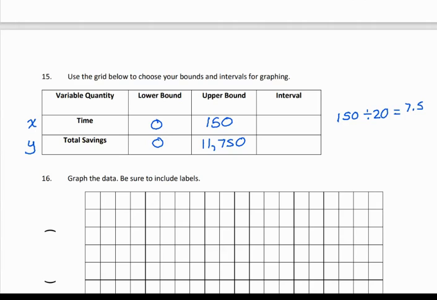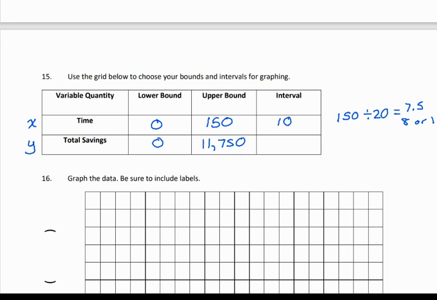Or what is 7.5 relatively close to rounding up that's a really nice number to count by? 10. Yeah. Okay, right? You guys know how to do 10, 20, 30, 40, 50. That's super easy, right? If you chose 8, that's okay. So underneath here, I'm going to write either 8 or 10. For all of us, let's do 10. Okay? But if you chose 8, you would not have been marked wrong. Okay? You would just be counting by 8, then 16, then 32.